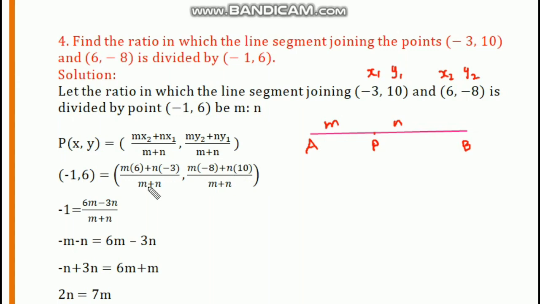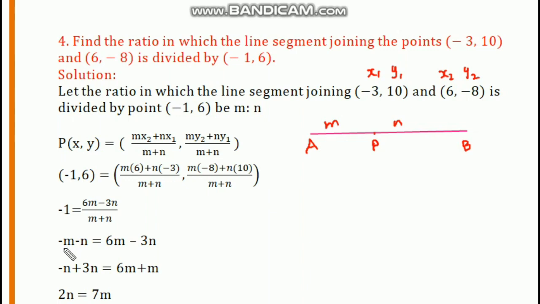Here we need to find m and n, the ratio. So we need to equate their corresponding terms. We can equate -1 with the first term, or 6 with the second term, the y coordinate. Here I am going to equate -1 and the first term, (6m - 3n)/(m + n).